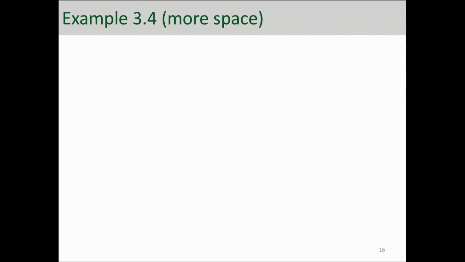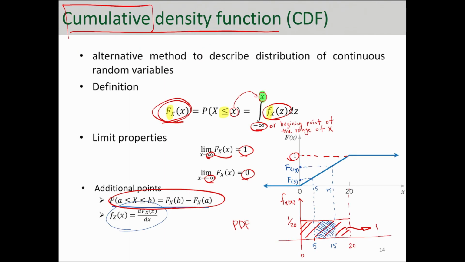The probability that x is between 375 and 450 would be F of x at point 450 minus F of x at point 375, exactly as in the example I talked about for 5 and 15 on the graph.